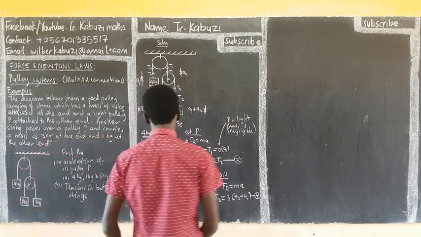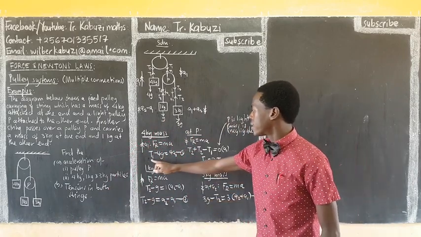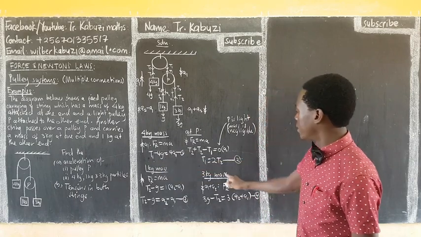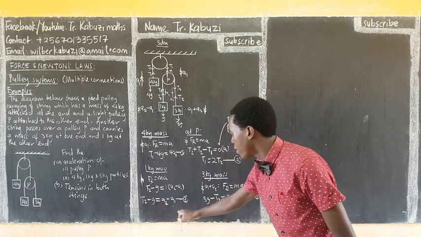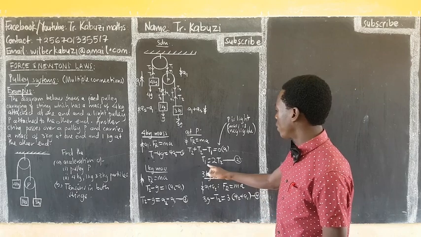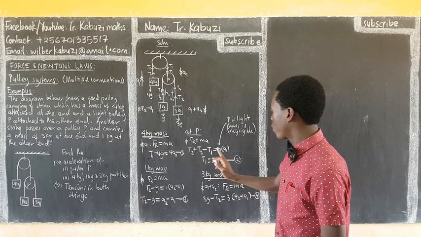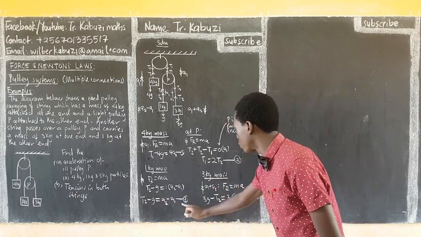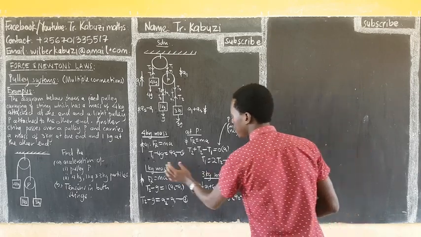Okay, now I have all I need. This one has T1 and A1. G is always known. This one has T2, A1 and A2. So I need another equation with T2 and A1. I'm going to use this T2 to get A1, then put this into this.